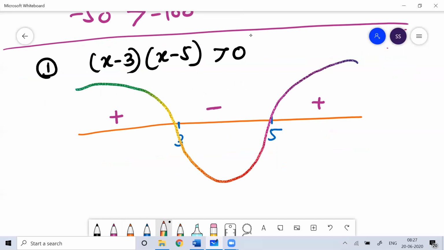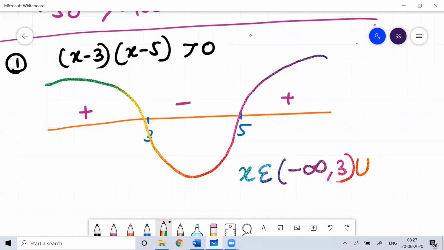Now, the set of values x can accept is only the positive values. So I'll write this as: x can include all the values from minus infinity to 3, union 5 to positive infinity. That would be the value of x.